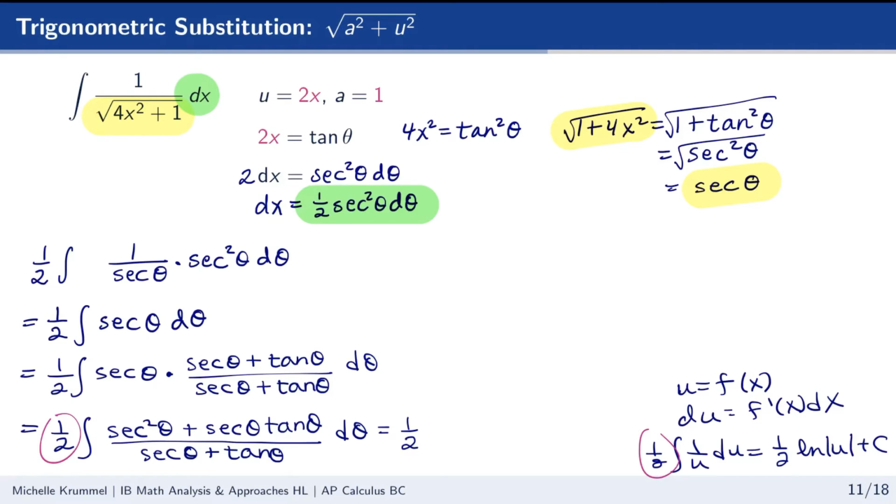I think so, we don't need an extra 1/2. Okay, so ln absolute value, and the u was the secant theta plus tangent theta, and then plus c.